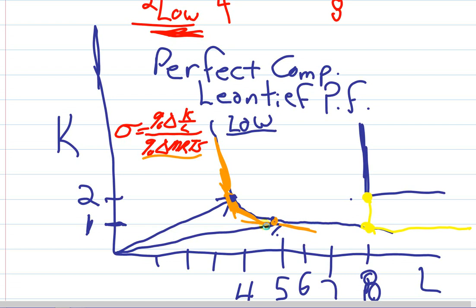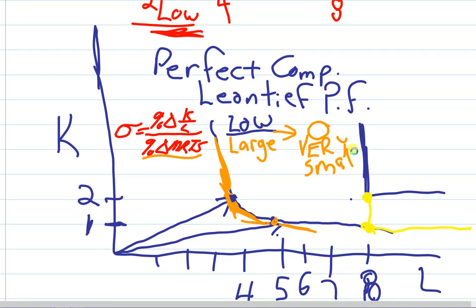So what we're going to have here is a very large percentage change in the marginal rate of technical substitution. And so what we're talking about here is a number that is close to 0, or very, very small. It doesn't have to be 0, but it could be very small.